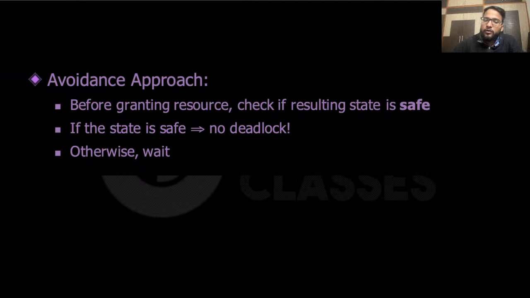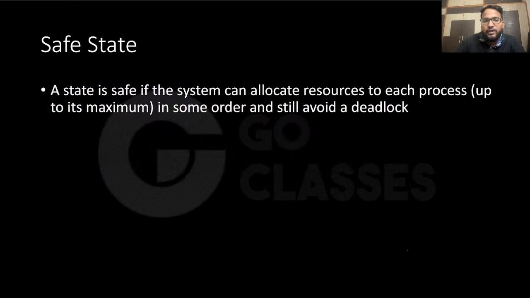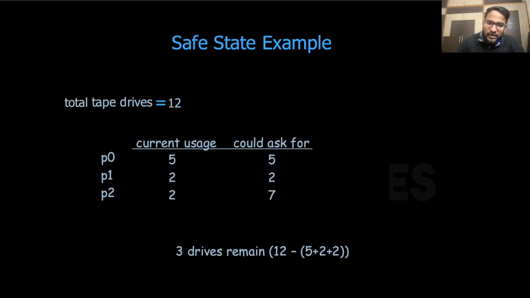Let me clarify this, and then you will understand what the safe sequence is and what the Banker's algorithm is doing. Let's take a very simple example. Suppose you have 12 tape drives, and there are three processes P0, P1, and P2. Currently, P0 is using 5, and in future it can ask for a maximum of 10. This is the terminology we use: this is the maximum, this is what we call allocated, and how much you have in your hand is called available.